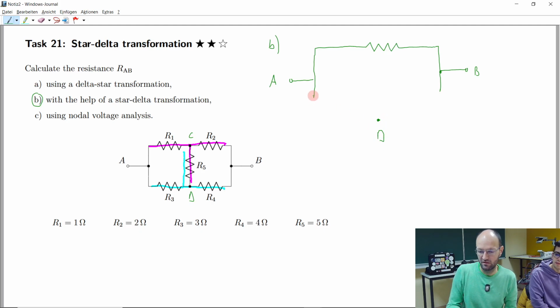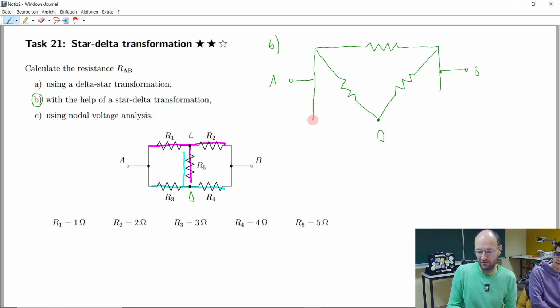So this is D. And so from our star, if we convert this into a delta, we need one resistor that goes this way. This looks better.